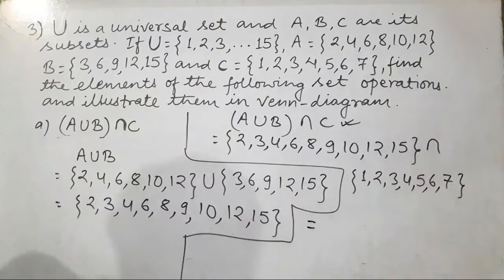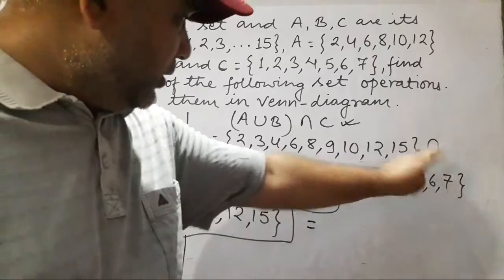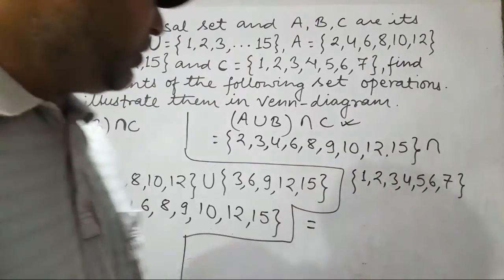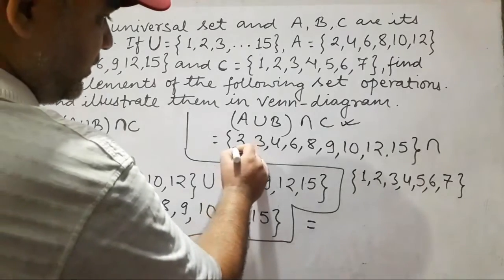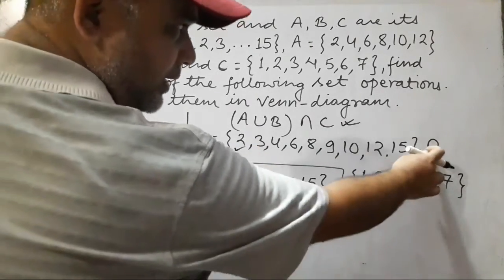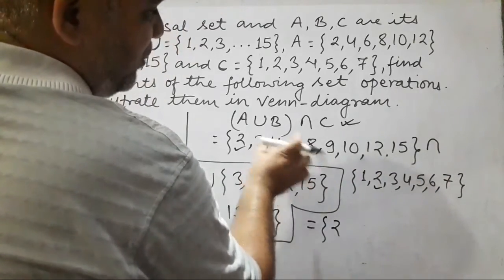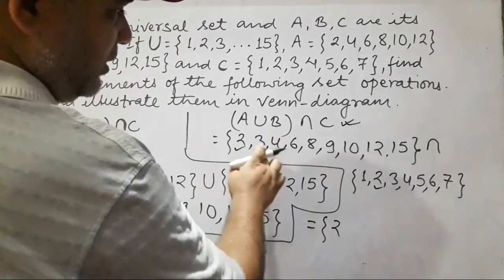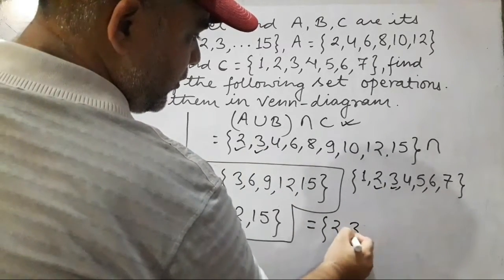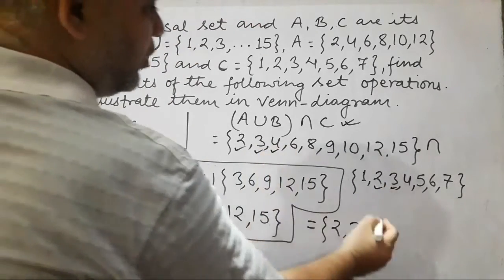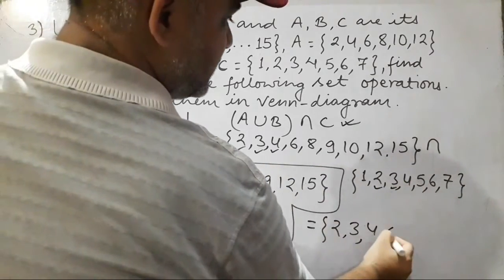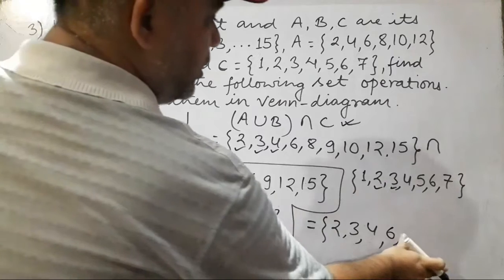Equal to. Let's take the common elements between these two sets. What are the common parts? Let us take 2. Intersection means the common element between the two given sets. Okay, 3, another 4, another 6, and only this much.